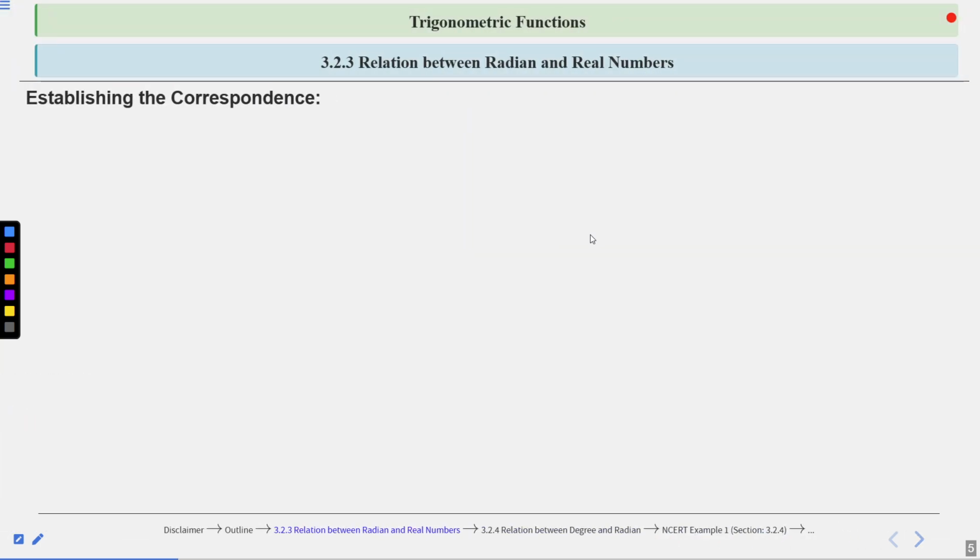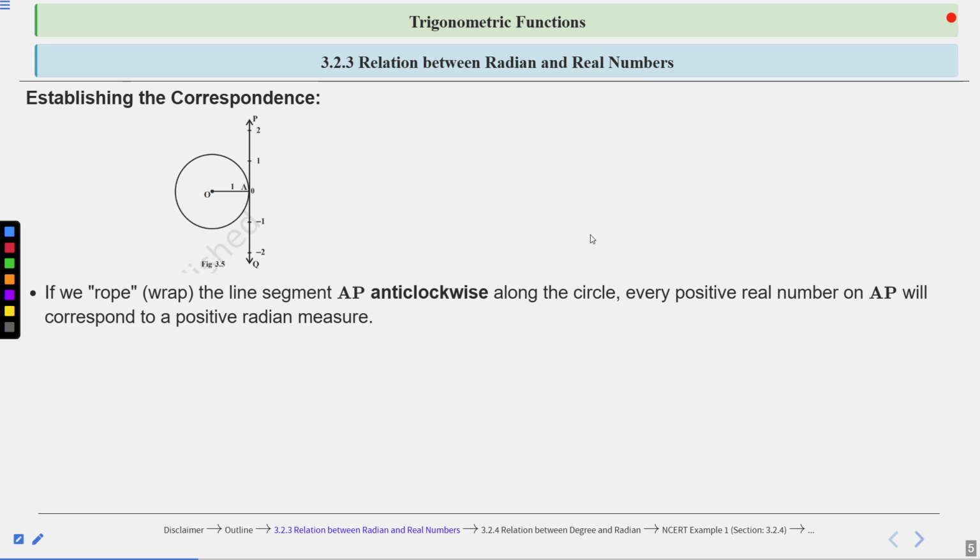Now just establish some correspondence between radians and reals. How? By this diagram, OA represents your radius, PAQ represents your line touching this unit circle at point A. Now just think that if we wrap this line, this AP line, anti-clockwise along the circle.